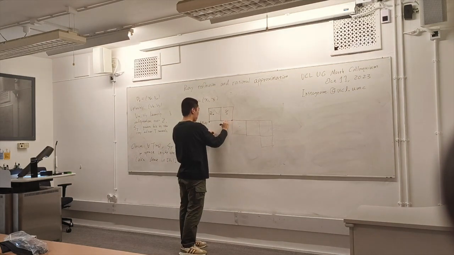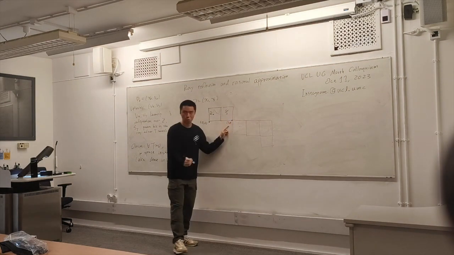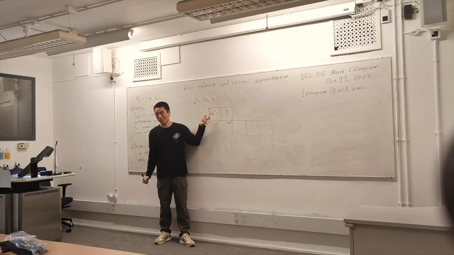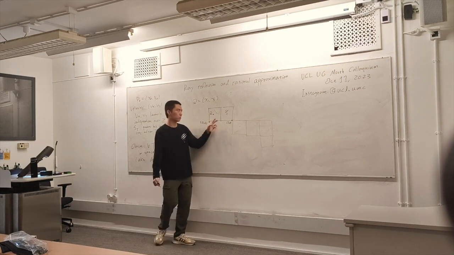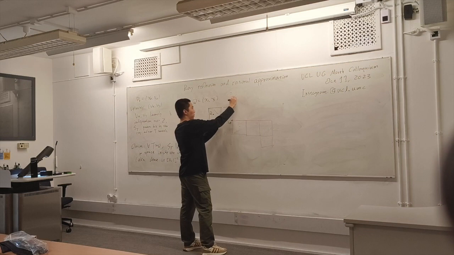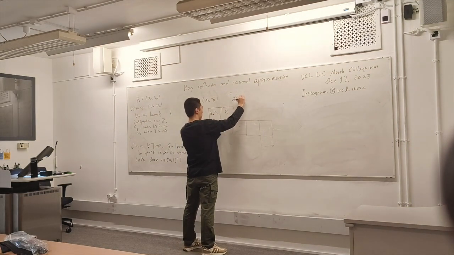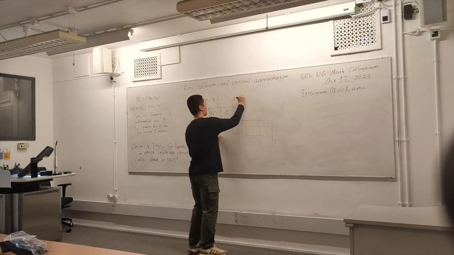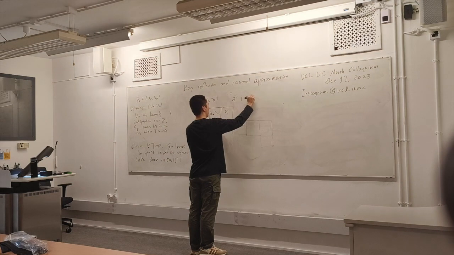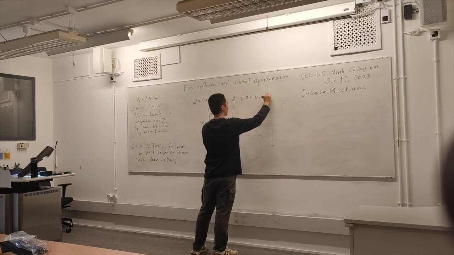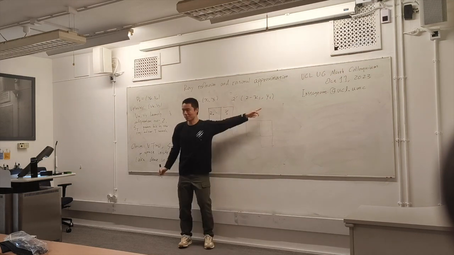This is going to be 2, 0. Because we only did a reflection about the y-axis, along a shifted y-axis, the coordinate for Q prime is going to have the same y coordinate but a different x coordinate. The x coordinate is going to be 2 minus x1, and the y coordinate stays the same.